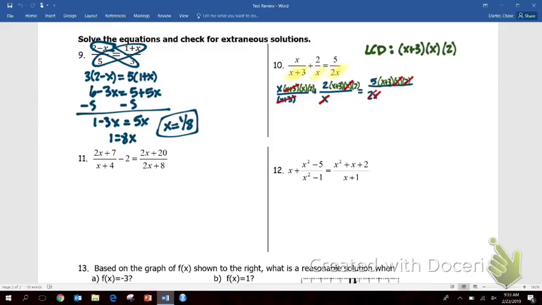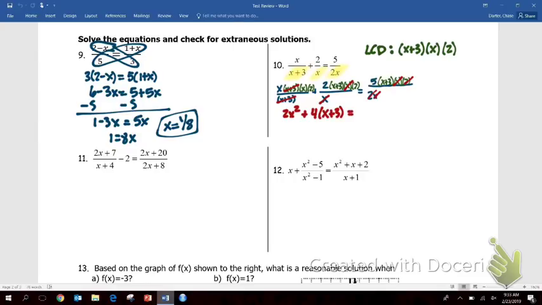So the reason we're multiplying by our LCD is to completely get rid of all these rational functions. So all my fractions, or rational expressions, are gone. So the first, what I have left over is 2x squared. The second, what I have left over is 4x plus 3.